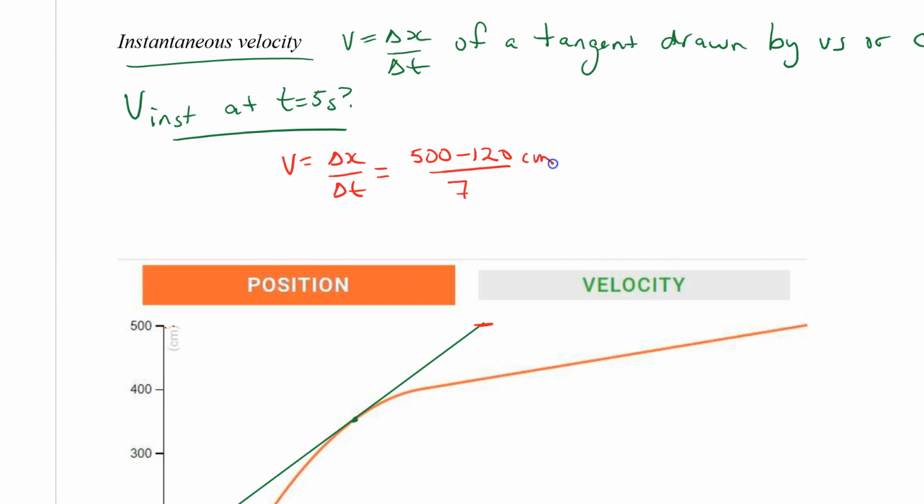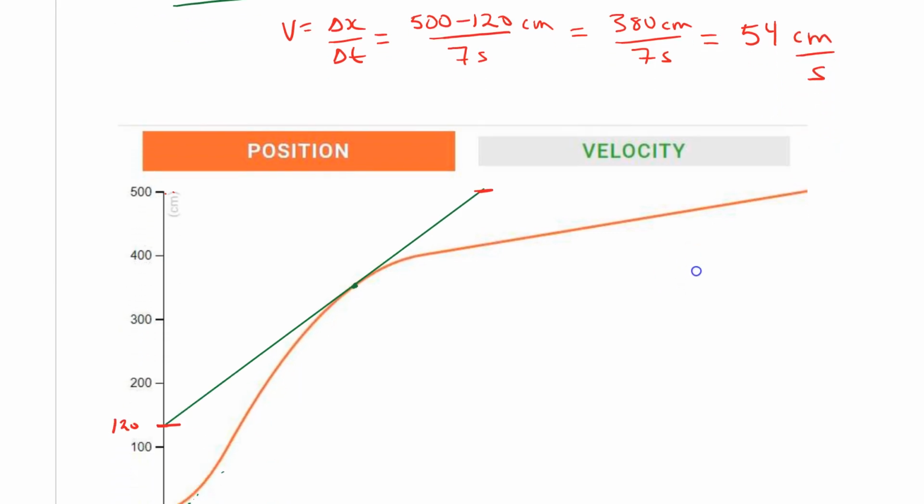These units were centimeters and this was seconds. So when I subtract that out, I get 380 centimeters divided by 7 seconds. I'll get my calculator out, and it says 54 centimeters per second. Well, that's pretty cool.